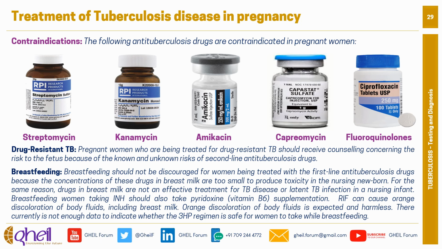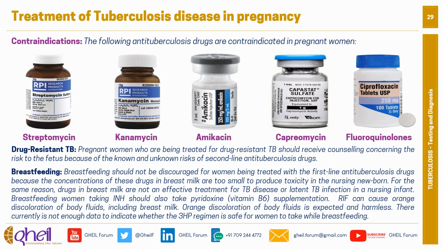The following anti-tuberculosis drugs are contraindicated in pregnant women: streptomycin, kanamycin, amikacin, capreomycin, fluoroquinolones. Drug-resistant TB. Pregnant women who are being treated for drug-resistant TB should receive counseling concerning the risk to the fetus because of the known and unknown risks of second-line anti-tuberculosis drugs.